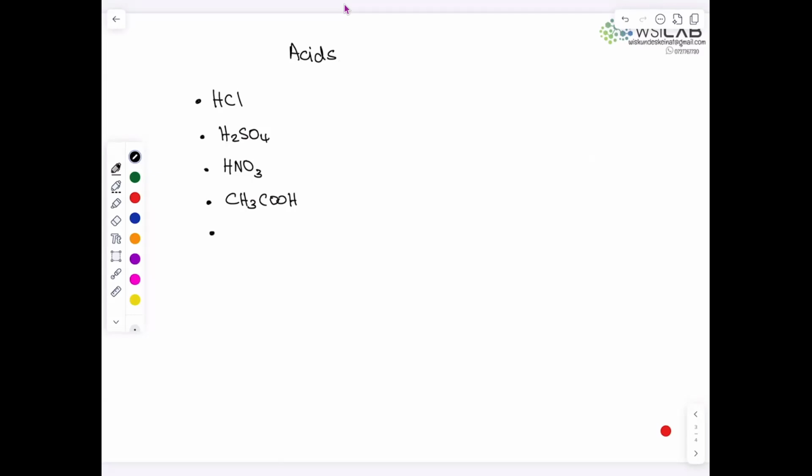And then what's the other one that you sometimes use? Hydrogen bromide. That's also a strong acid. I don't want to show you this one really, but it's in your book. It's called phosphoric acid.